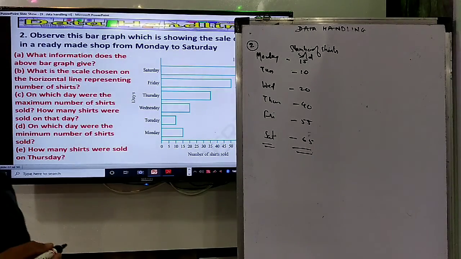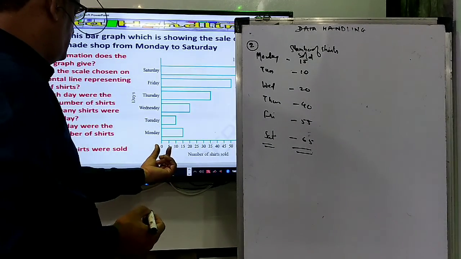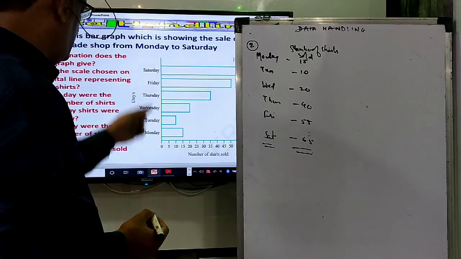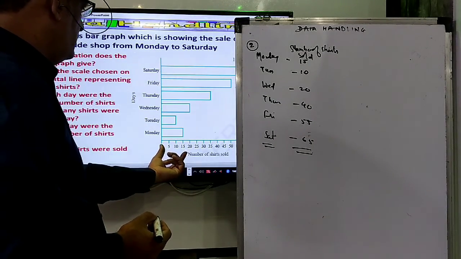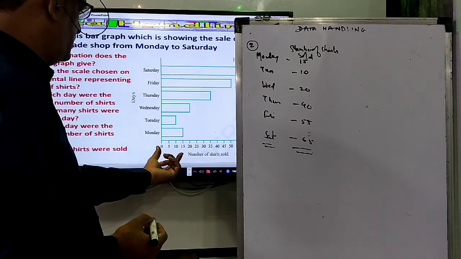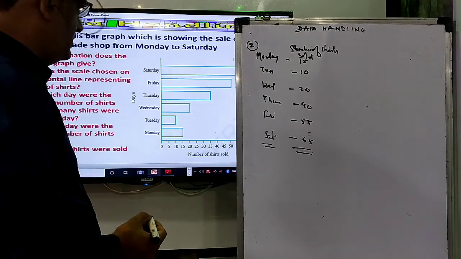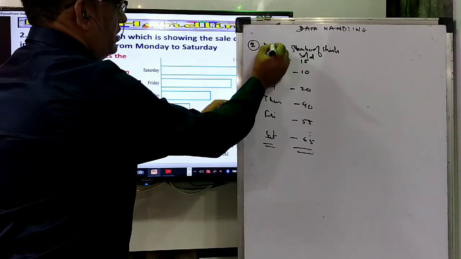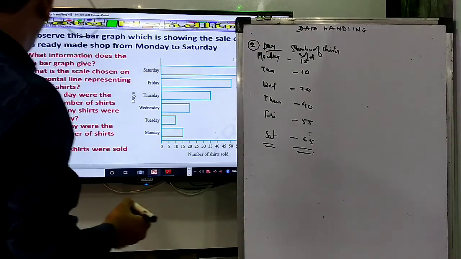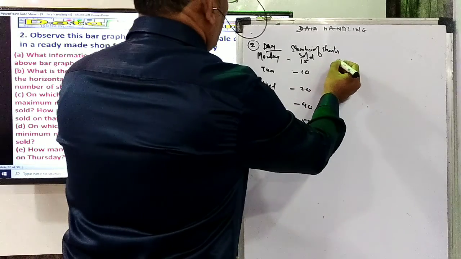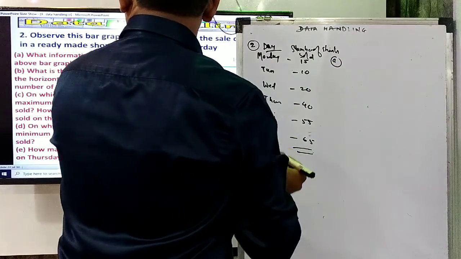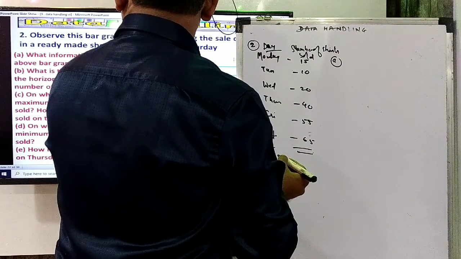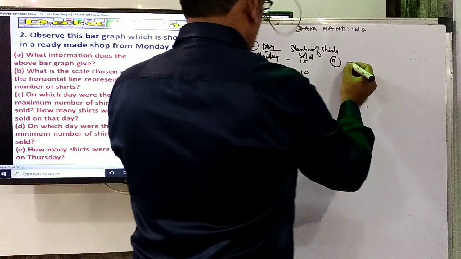So these are the observations drawn from the bar graph. One unit represents 5 shirts. On the horizontal axis there is the number of shirts sold, and on the vertical axis the day. Now what is question number 1? Question A: what information does the above bar graph give?